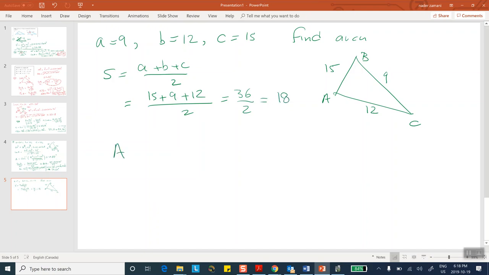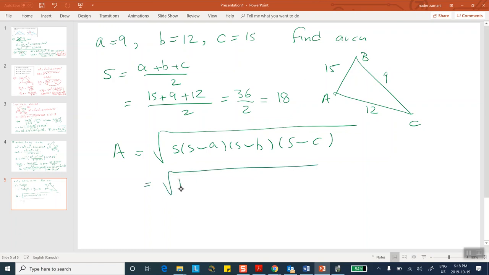And this is not the kind of formula that I'll ever memorize because I can always get it, and I'll tell you how in a minute. We discussed it in class: square root of S times S minus A times S minus B times S minus C. So it's equal to the square root of 18 times 18 minus 9, 18 minus 12, 18 minus 15.